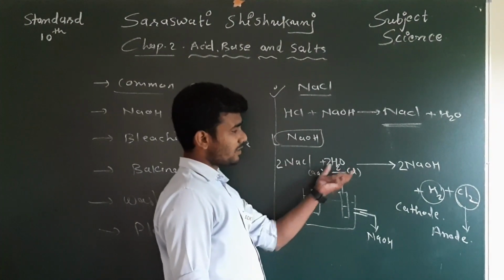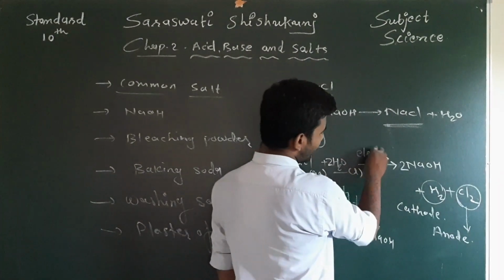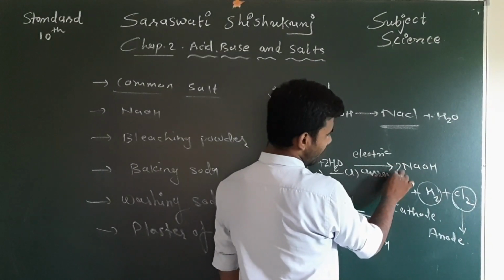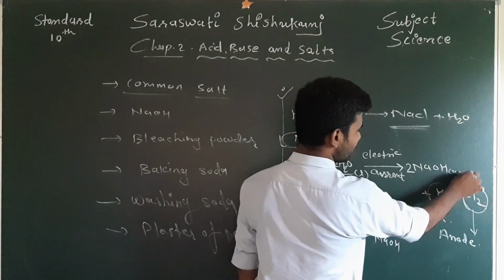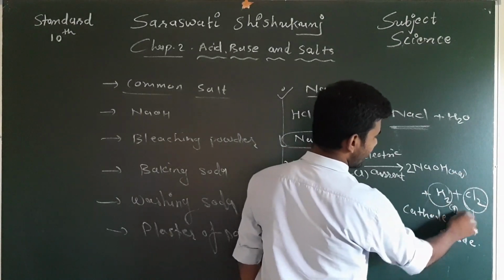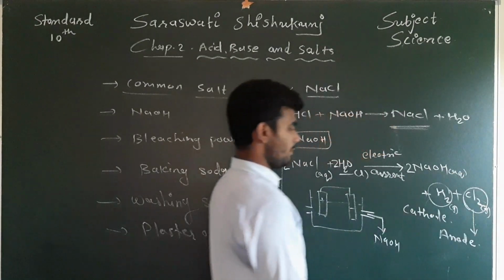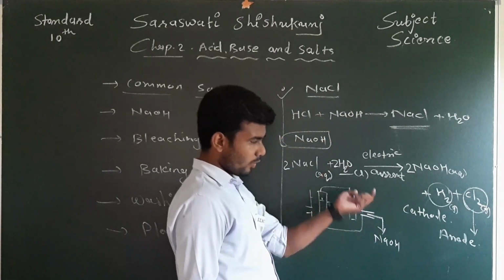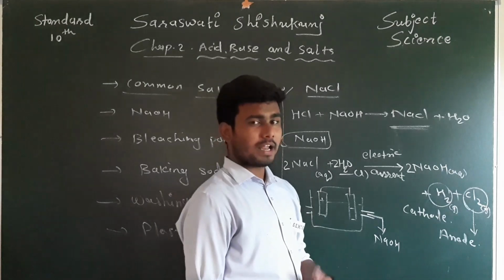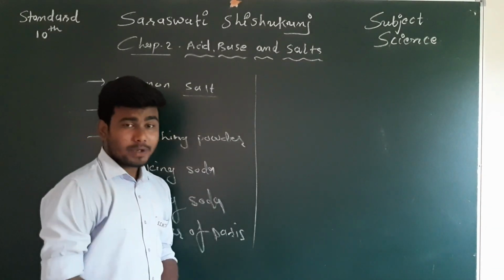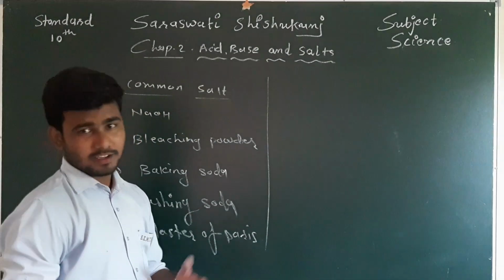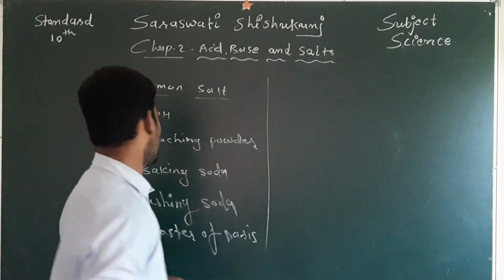The brine reacts with the water and when electric current is passed through it, it gives us a solution of NaOH. Then hydrogen and chlorine are removed. Hydrogen will be collected on the cathode and chlorine on the anode. Where NaOH, hydrogen and chlorine are used is also explained in our video lecture, right? So we can go through it.